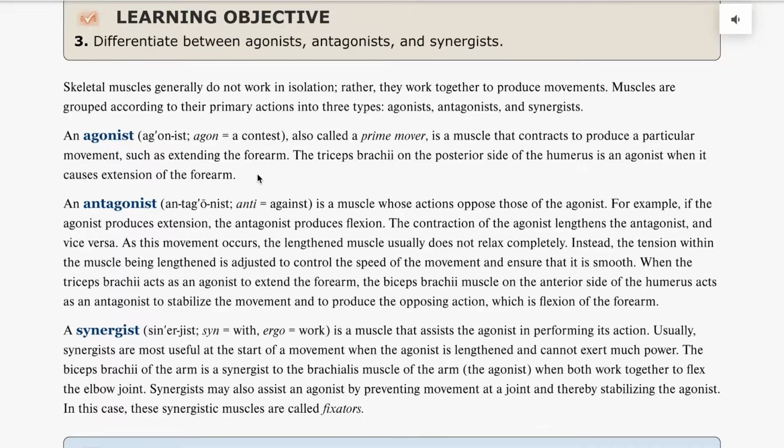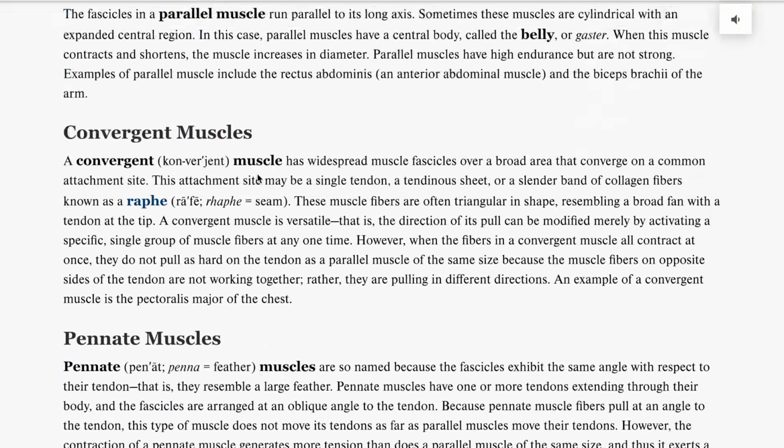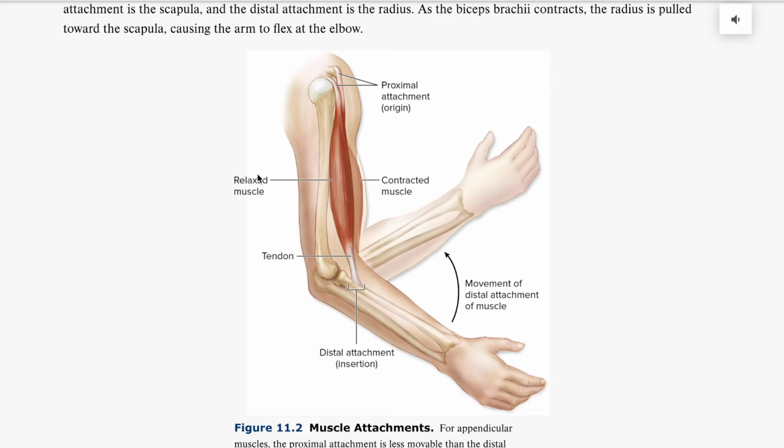So for instance, in the last example, when I showed the biceps brachii, if the action is flexion at the elbow joint, and we were to ask what is the agonist of that action, we would say the agonist is the biceps brachii, because that is the prime mover that causes that movement.